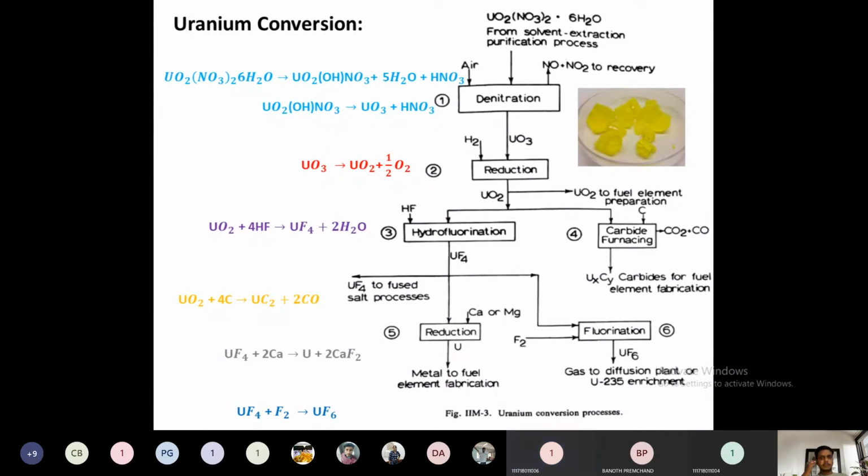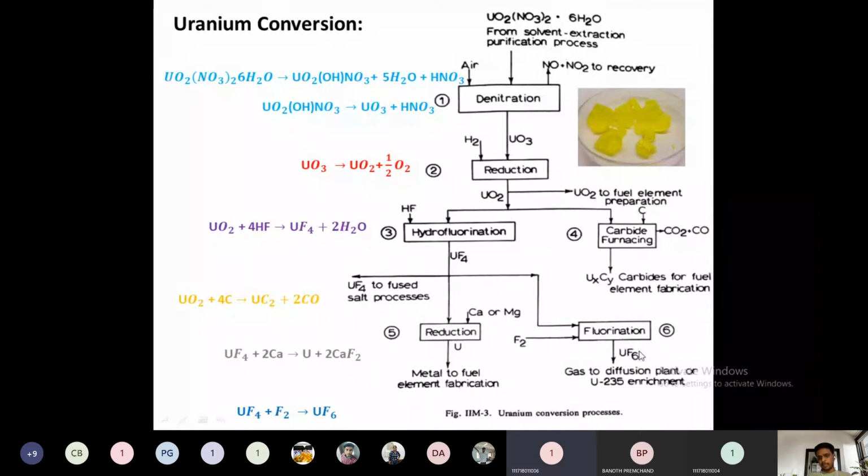First you have to be clear that this is uranyl nitrate, which is yellow in color. Then this is uranium trioxide, and UO2 is uranium dioxide. Then hydrogen fluoride, and uranium tetrafluoride, not just uranium fluoride.